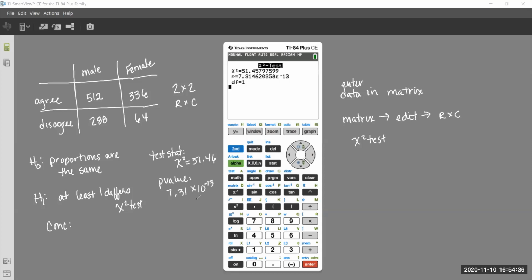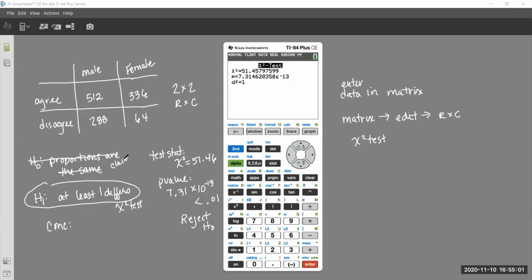Super tiny. So this is definitely less than 0.01, which is our alpha. So we're going to reject H0. If the p-value is less than alpha, we reject. So we're rejecting that the proportions are the same. At least one differs. And the claim was up here.